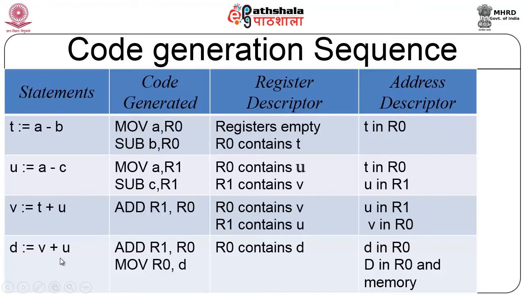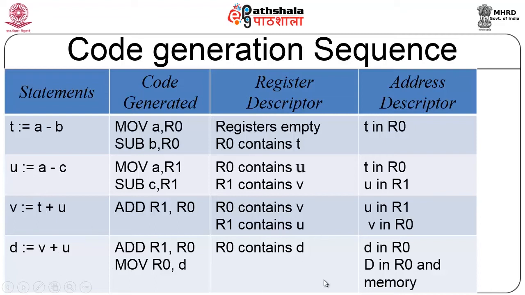Then the next one is D is equal to V plus U. Again I will query the get register function to issue a register for V, but we already know V is available in R0. So I will simply issue the command add R1 comma R0, because I already know U is also in R1. This is the only command being issued. Then R0 contains D. After this computation I have to move the result back to D, so I will do a move R0 comma D, because this is the last statement.